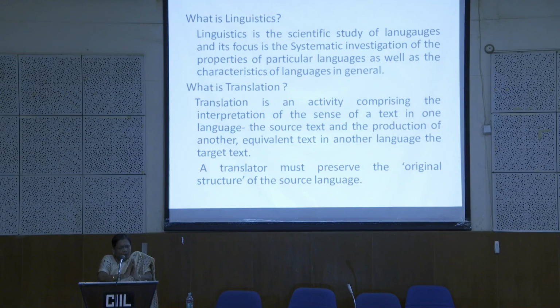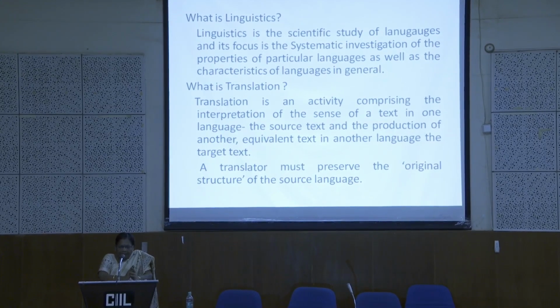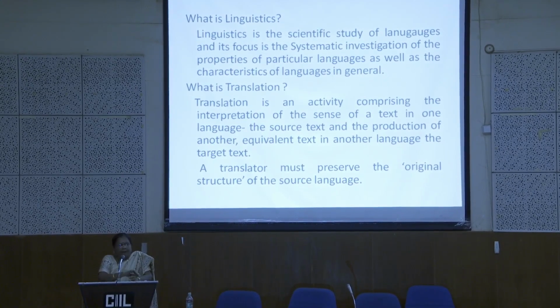So both for translation as well as linguistics, you should know the structure of language. Whether it is your mother tongue or some other language, you should know the structure of the language. That's why we should know about linguistics before going deeper into translation studies.